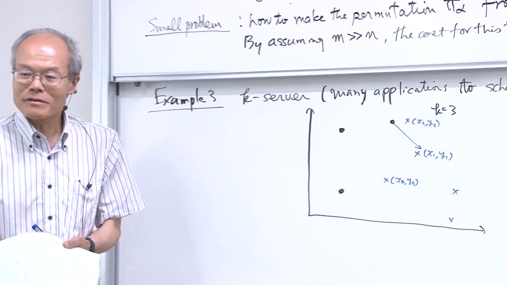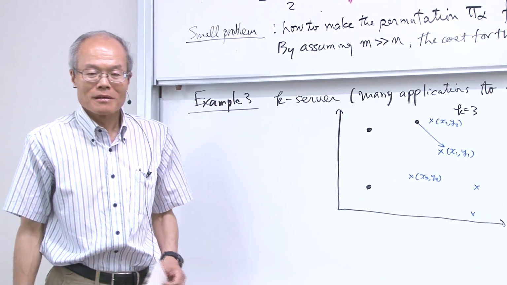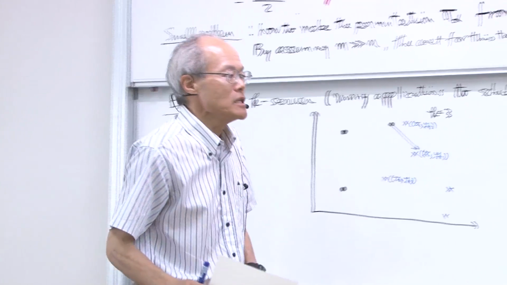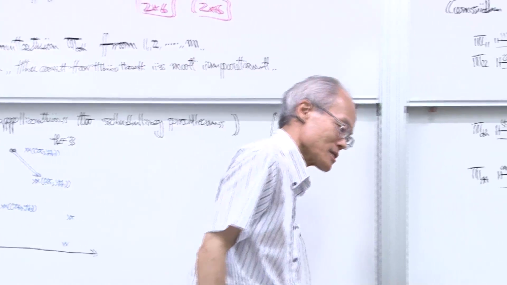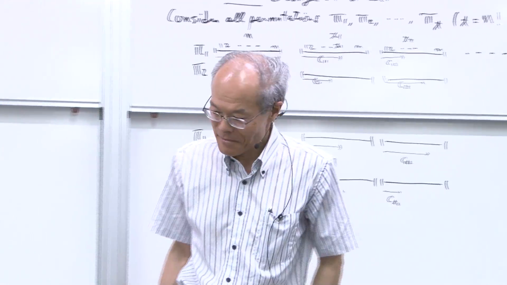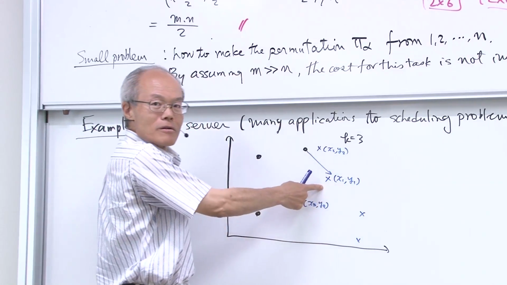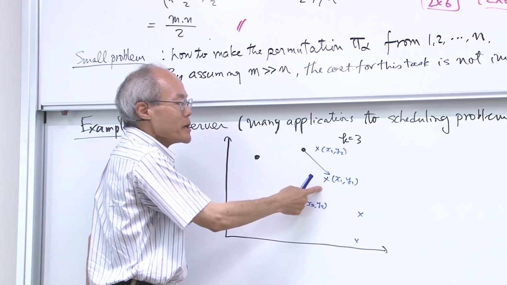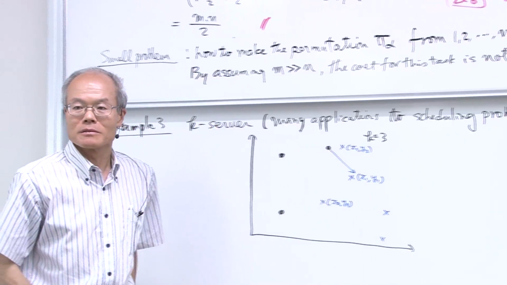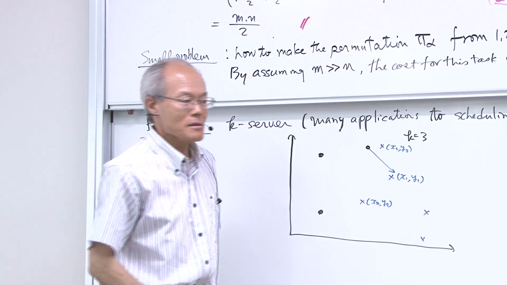And this is, of course, an online problem. That means you don't have any information about the future requests. This is the first request. Then you don't know where the second request comes.